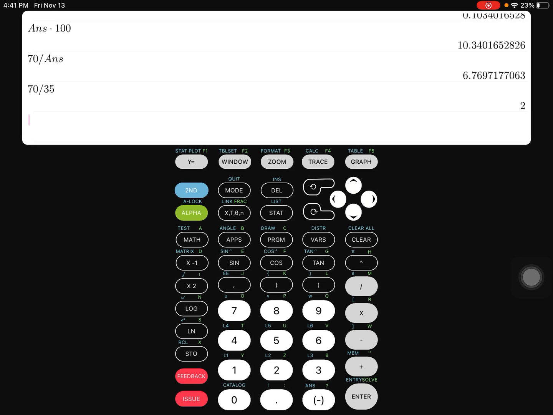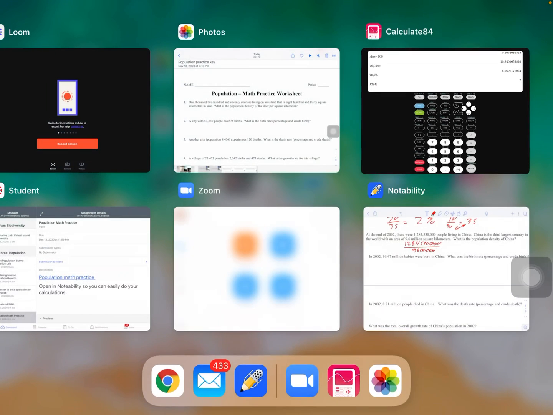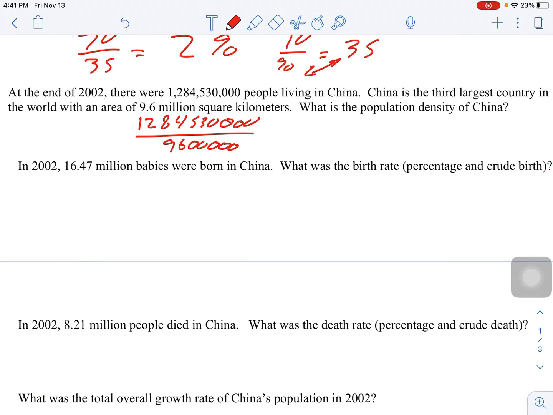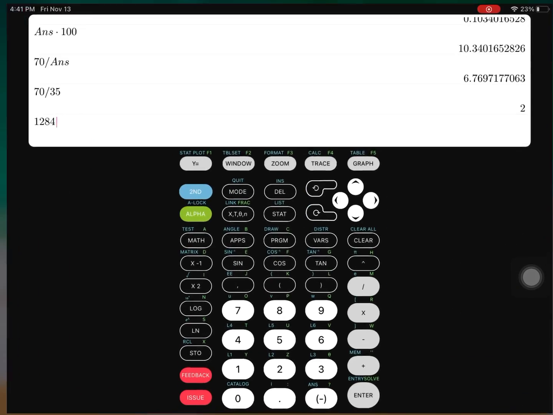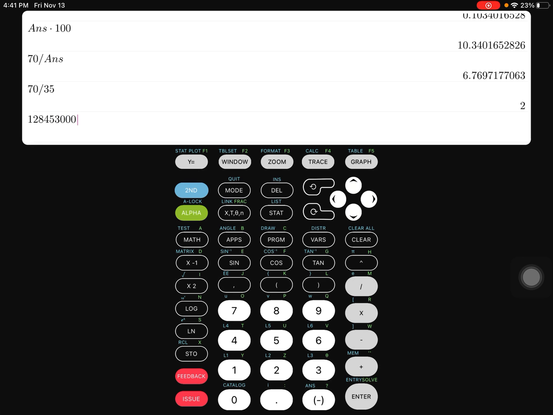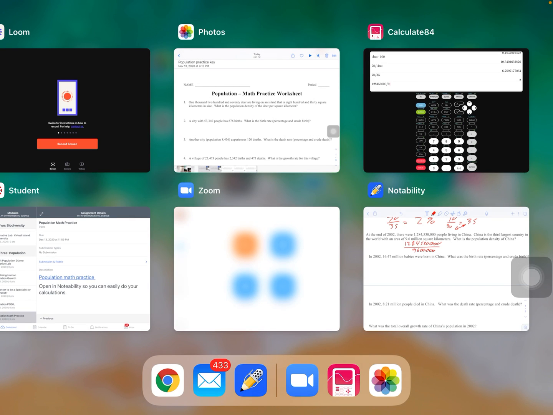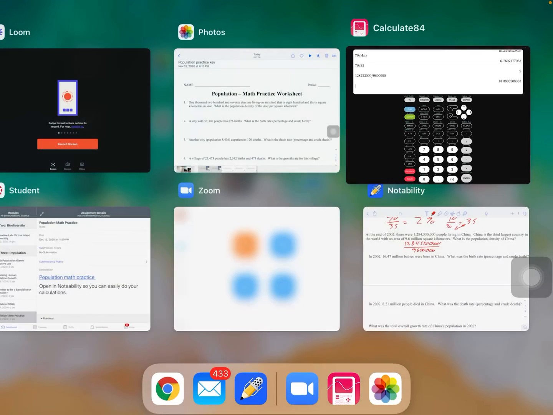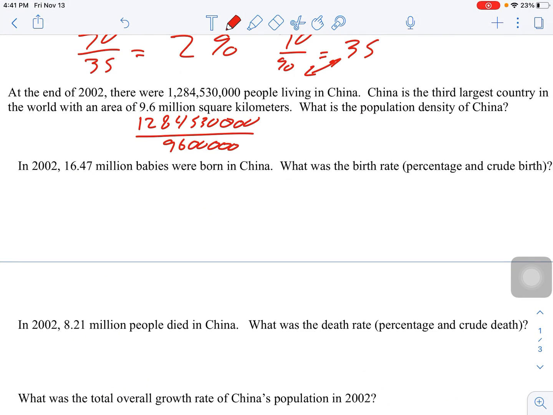And you get 1, 2, 8, 4, 5, 3, and then 4 zeros. We divide that by the land area, so is it 9.8? 9 or 9.6? 9.6. All right, and so there are 13.38. I think I made a mistake in there.